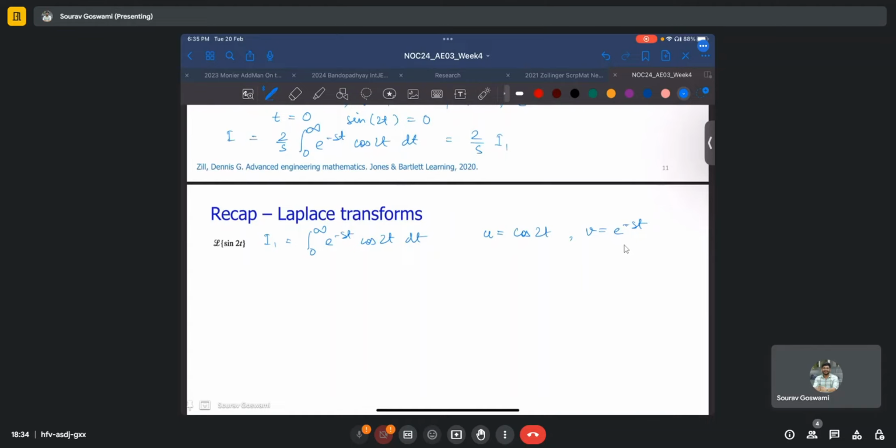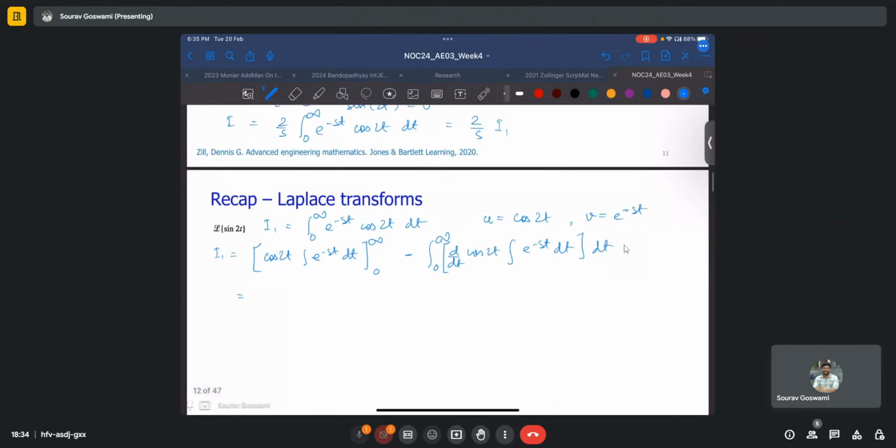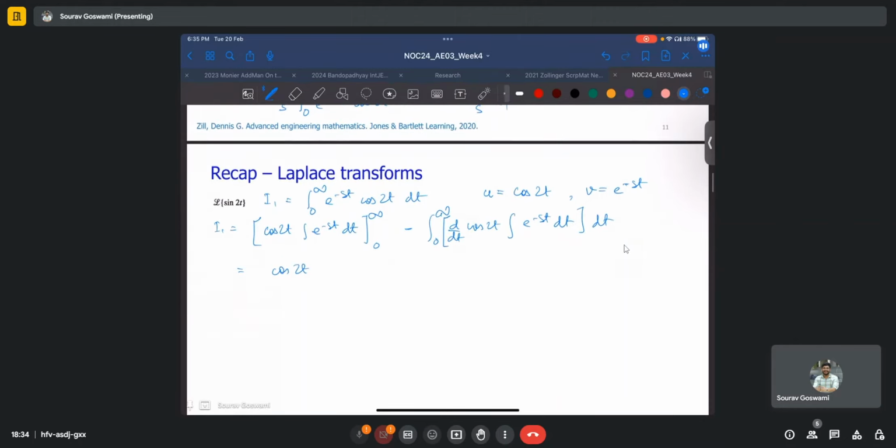So it will turn out to be u into the integral of v dt, minus the integral of the differential of u into the integral of v dt. This will come out to be e power minus st by minus s evaluated between 0 and infinity.